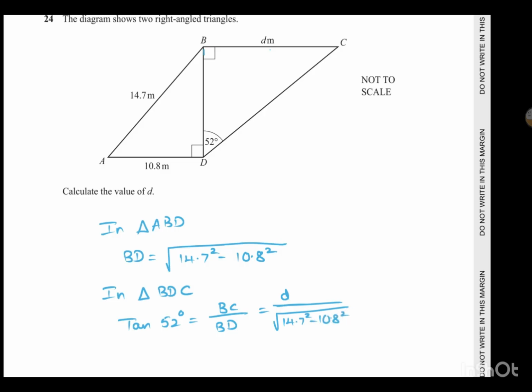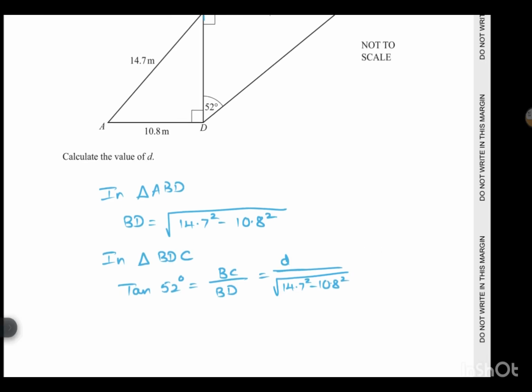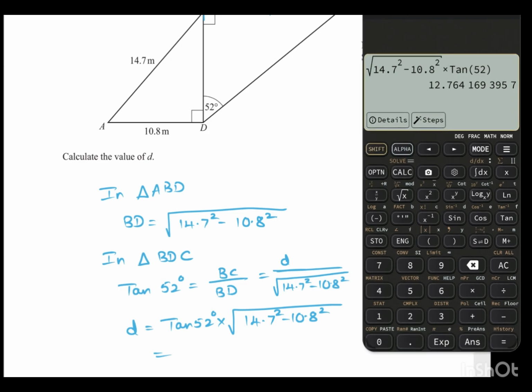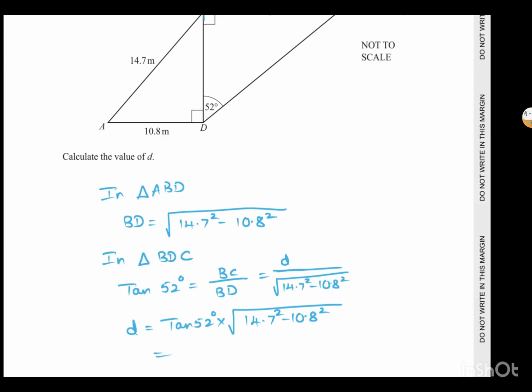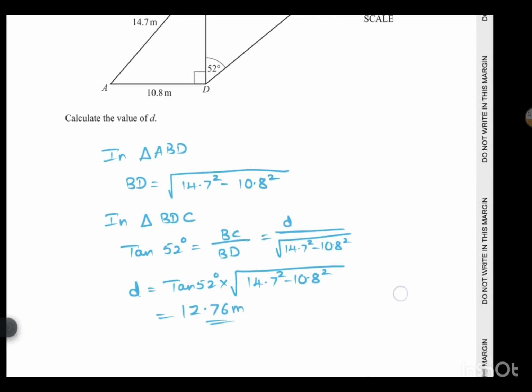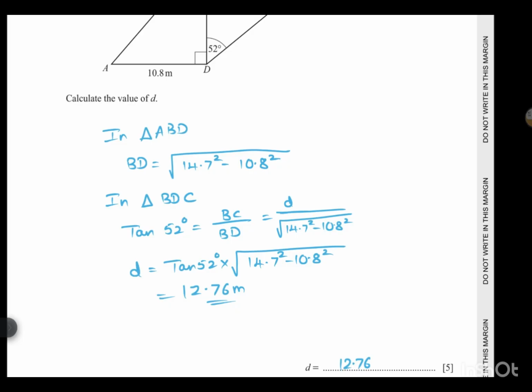Then d will be, by cross multiplication, tan 52 into the square root of 14.7 square minus 10.8 square. After doing this in the calculator, you'll get 12.764. Round it to two decimal places. So 12.76 meters will be the answer for d. So this is the answer.